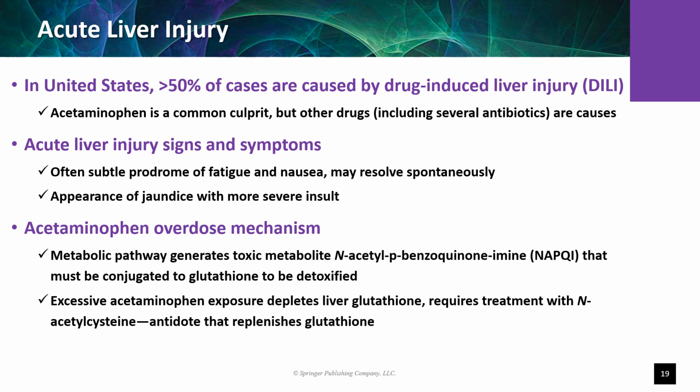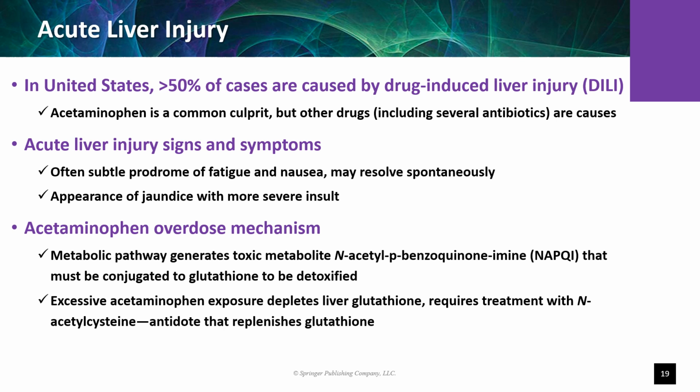Excessive ingestion of acetaminophen can cause acute self-limiting hepatitis or fulminant liver failure that needs transplant. Acetaminophen can cause damage by a single toxic ingestion, as in an overdose, or by chronic ingestion over a period of a few days.